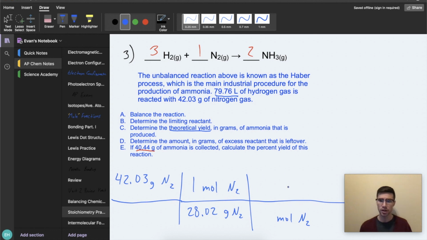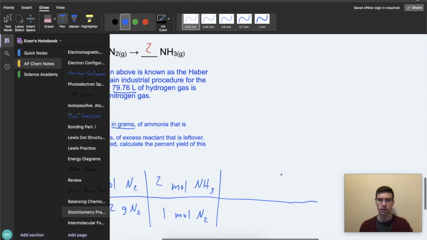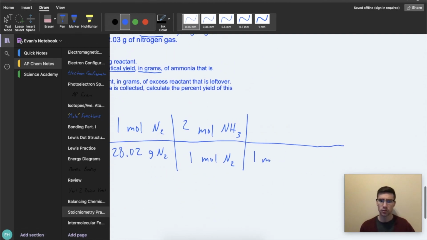So moles of nitrogen to moles of ammonia, right? This is our only product, so we don't even have another option of things to calculate to. So moles of NH3. And again, eventually we're going to want our theoretical yield in grams, so I'm going to make sure I convert this all the way to grams. But what are our coefficients here? Well, we have 1 mole of nitrogen gas to 2 moles of ammonia. Now the last thing we need to do here is multiply by the molar mass. So 1 mole of NH3 has a mass of 17.04 grams of NH3. Awesome.